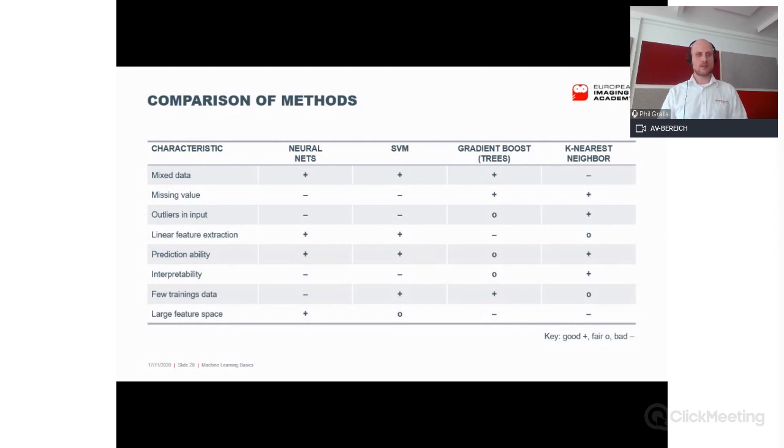While neural nets are very good if you have a lot of data and you want to be sure of the prediction, what happens if there are some values missing? If you have images and for whatever reason, because of the way you take these images very fast, you might miss lines in between, these neural networks might not be the best choice.